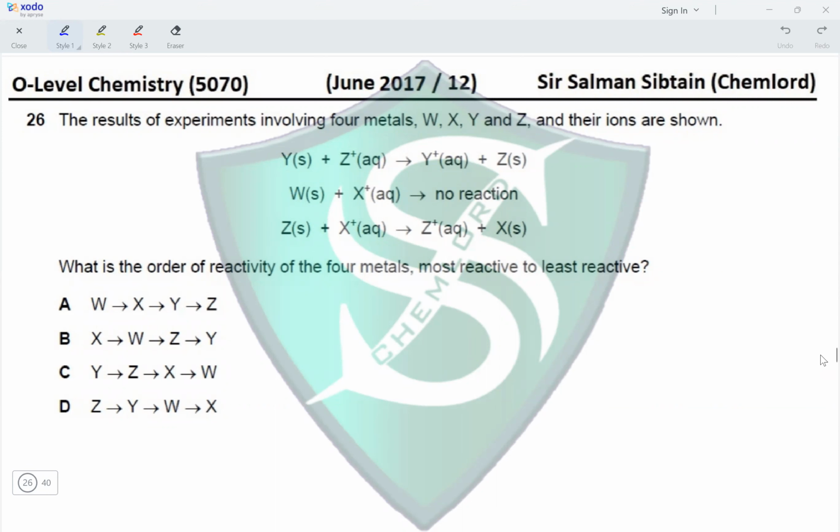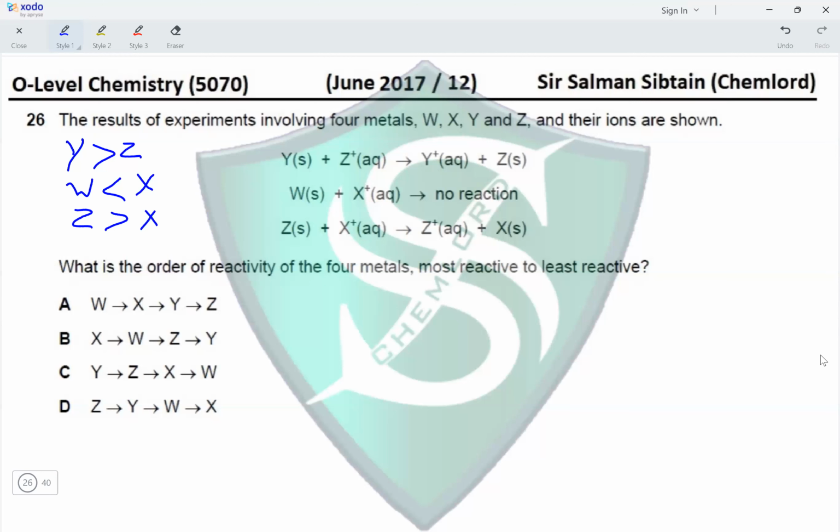That means metal Y is more reactive than metal Z. W does not react with X, making W less reactive than X. Z reacts with X positive ions, forming Z positive ions and X, making Z more reactive than X.